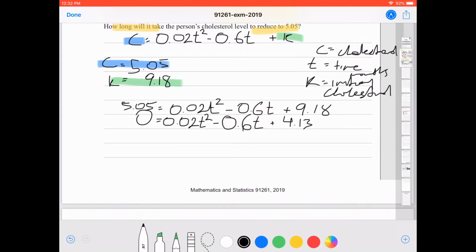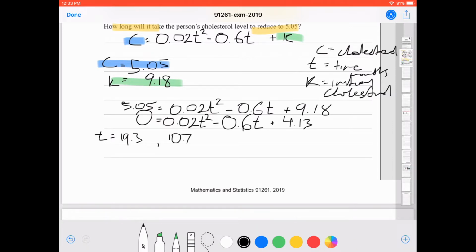At this point, let's use our calculator to solve the quadratic. So a value of 0.02, b is negative 0.6, and c is 4.13. And so our values for t are 19.3 and 10.7.